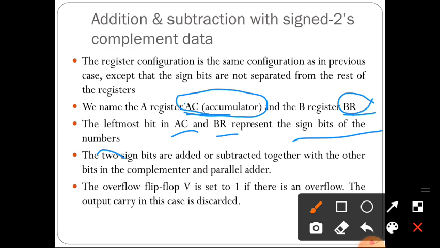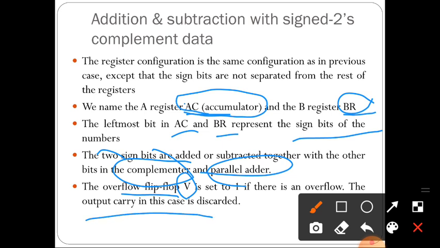The parallel adder is used for the micro operation of addition, and the complementer is used for finding the complement of the number. Then there is an overflow flag represented by V, which is set when an overflow occurs. If an output carry occurs, then we will discard that.